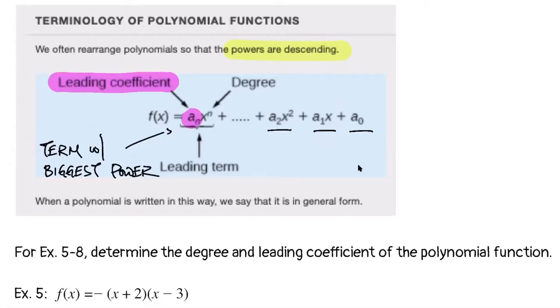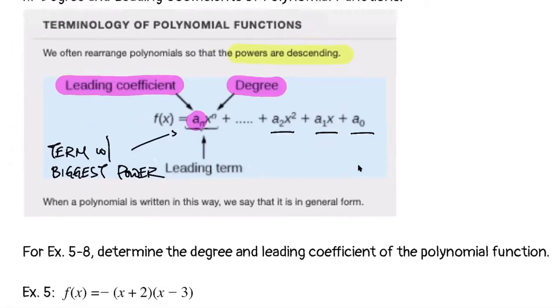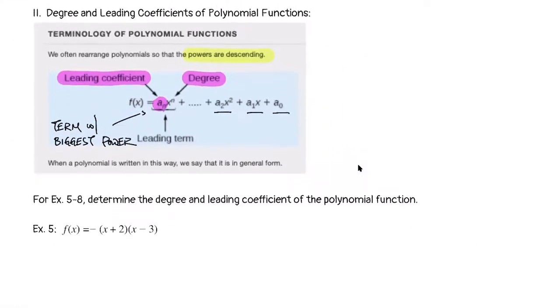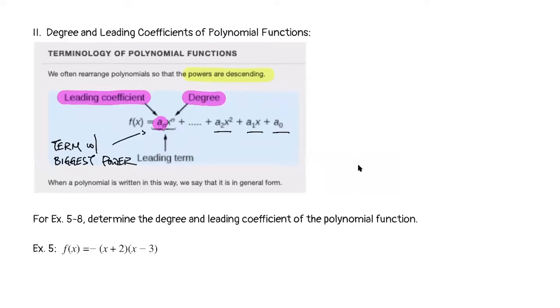And the power of that biggest power is the degree of your polynomial. So it's really important that when we look at this, we know that we have to either FOIL everything out or look for the biggest power.